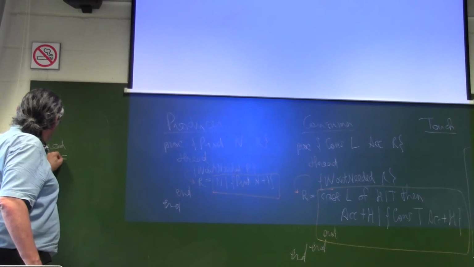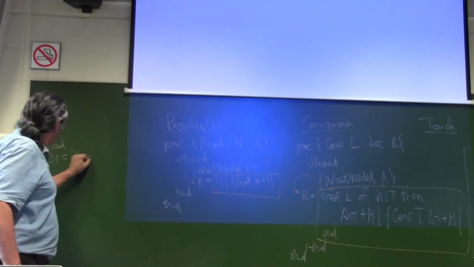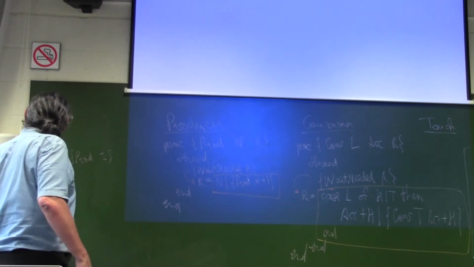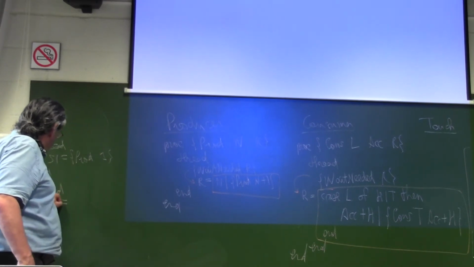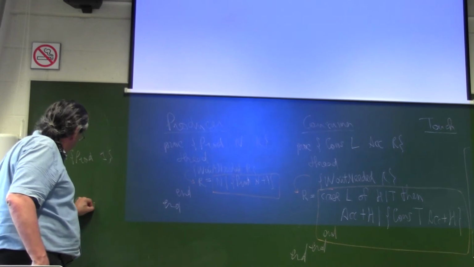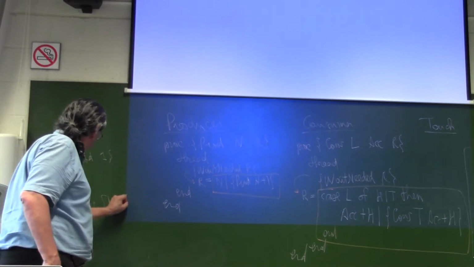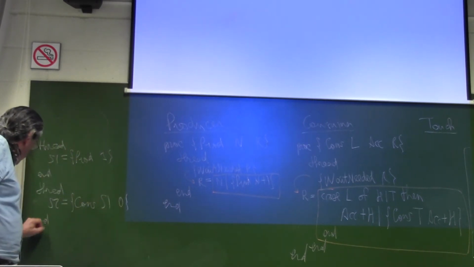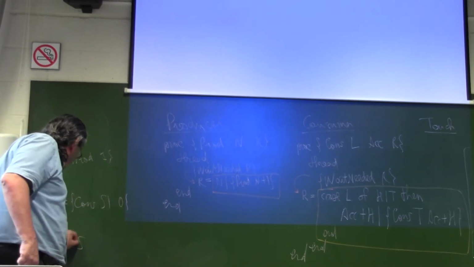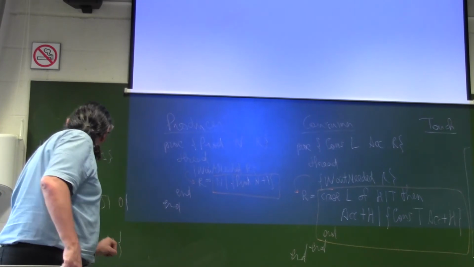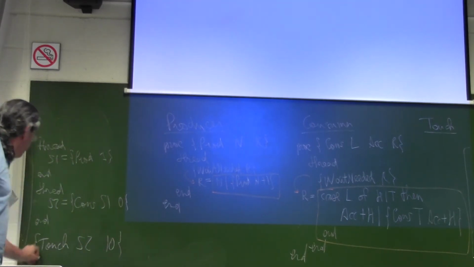I have S1 is producer 1. I have a thread. S2 is equal to consumer S1 0. And I have touch S2, maybe 10 or something. Okay, so this is my program.